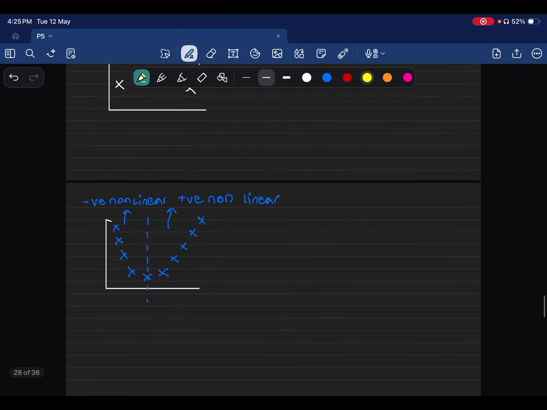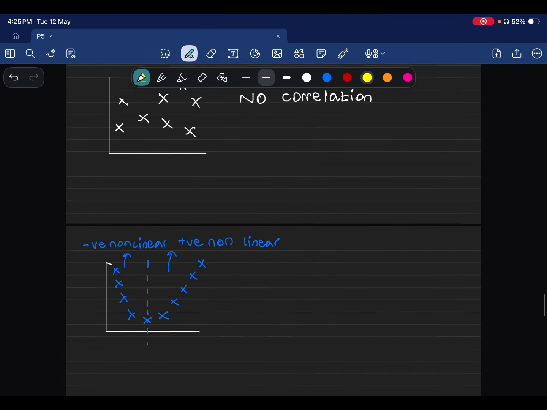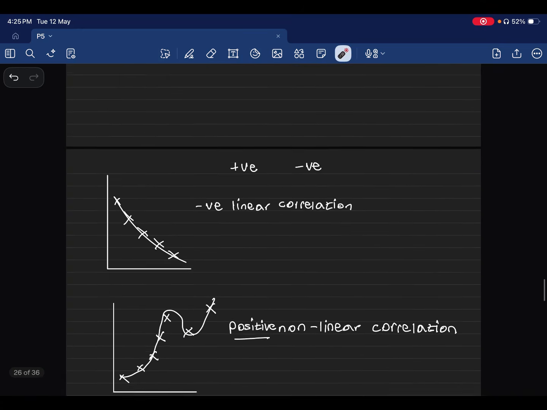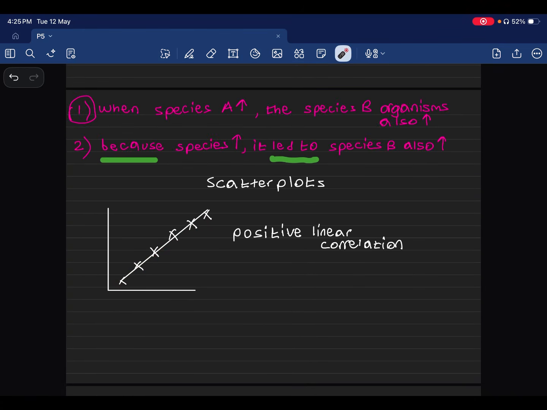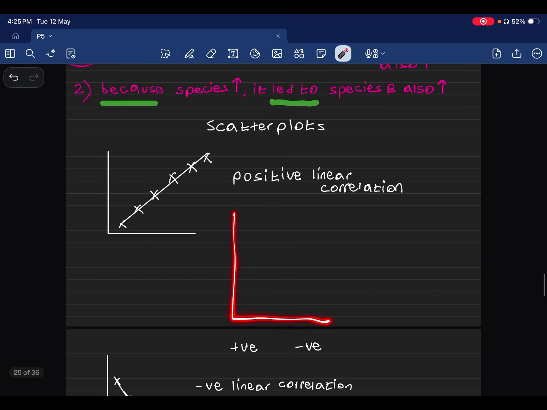Okay, now here comes our main topic. If you have to determine the strength of a correlation, so let's say you have positive linear correlation here, right? Now I can draw a graph like this, saying that this is positive linear, but I can draw a graph like this as well.